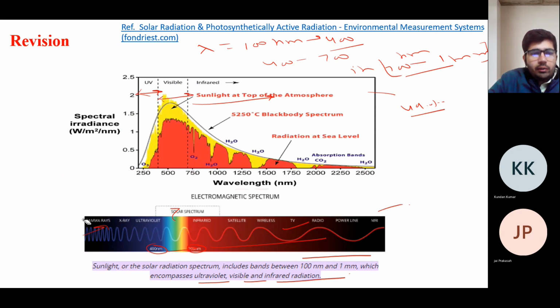So the solar radiation spectrum includes bands between 100 nanometers and 1 millimeter, which encompasses the ultraviolet, visible, and infrared radiation.